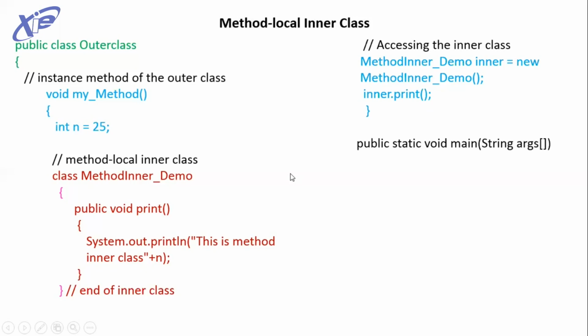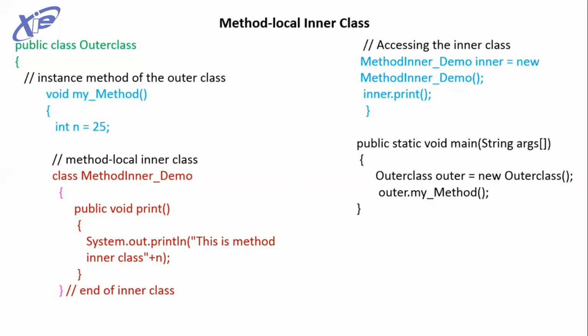And then in the main function we are creating an object of the outer class, and using that object we are calling the method of this outer class. So this will be the output of this program.